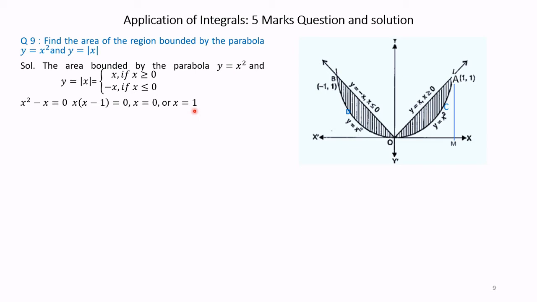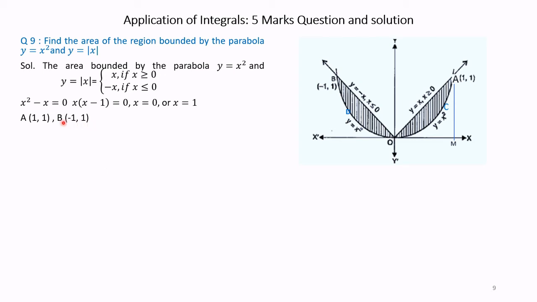Therefore, the value can be x is equal to 0 or x is equal to 1. So the points of intersection can be 1, 1. That is when x is equal to 1, y is equal to 1 for point A, and when x is equal to minus 1 for point B, y is equal to 1.